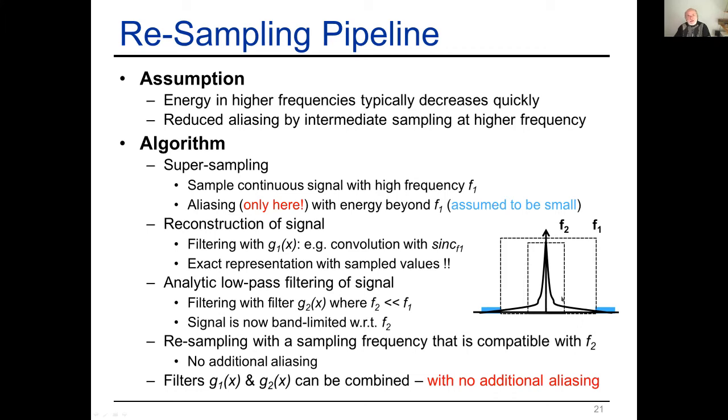That is the spacing of my pixels. But I can actually sample my original signal at a much higher frequency f1. Because in the Fourier spectrum I move my copies further apart, the overlap gets smaller, with less energy, and so the aliasing is reduced.